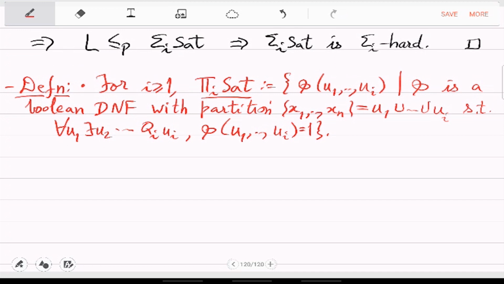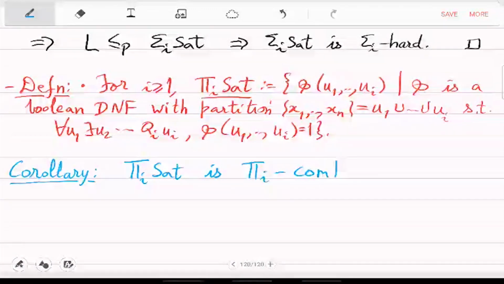And just like the proof above by Cook-Levin, you know that pi I SAT is pi I complete. So we now have complete problems for every sigma I, and so there is no single complete problem for PH, right?